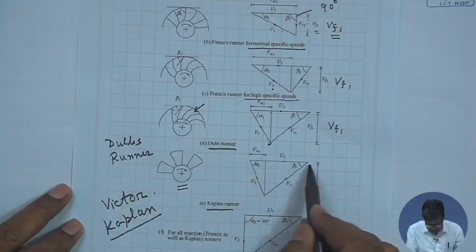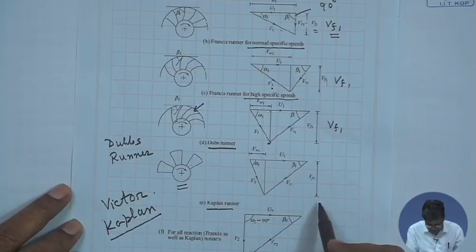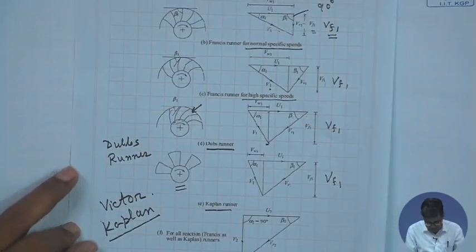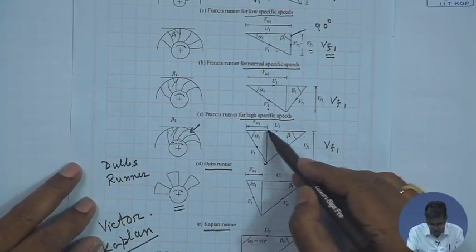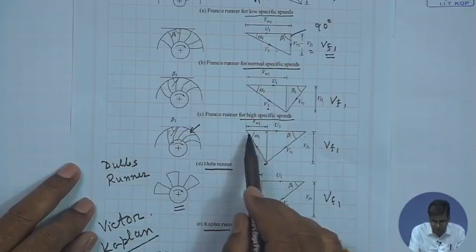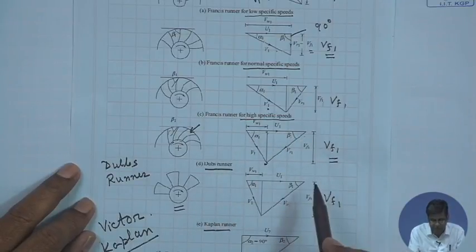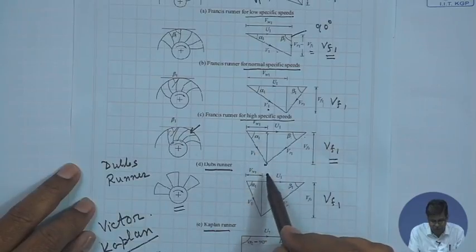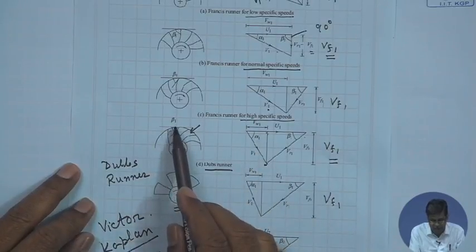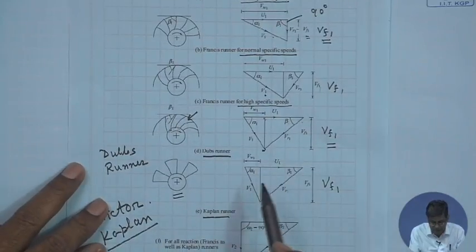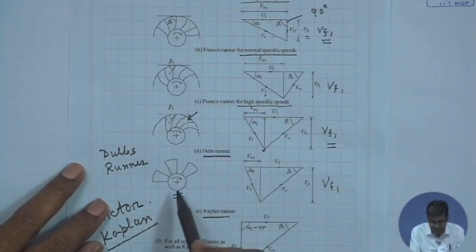So, here you see in a Kaplan turbine, this is Vf1, the flow velocity, which is very high. The difference from the other one is the flow velocity here, which is perpendicular to the tangential direction. At the inlet it is radial in other runners, and at the outlet it is radial, but it may be axial in the case of the Dove's runner.